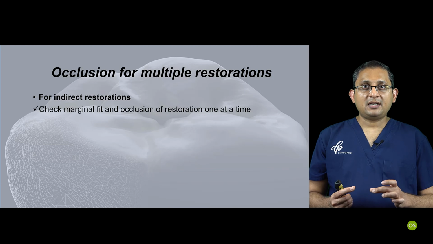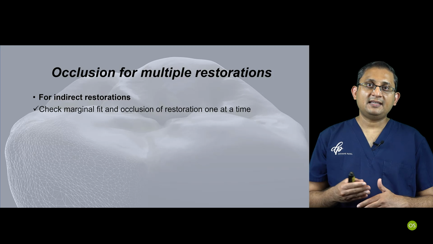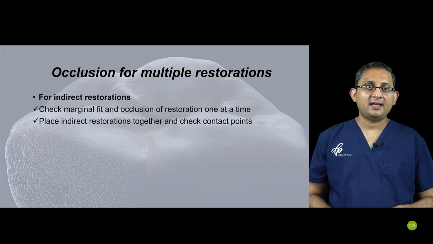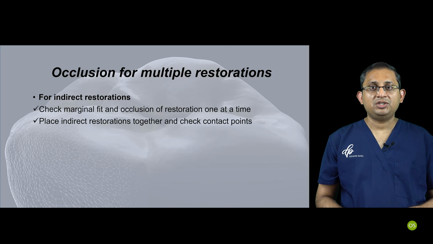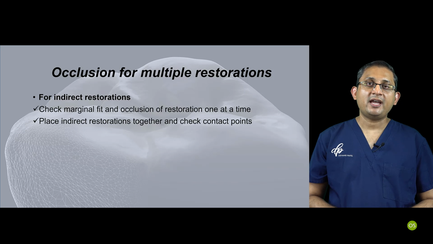But if you have fitted the crown individually, you will be able to see the difference. So try doing that and assessing one crown at a time, and that really helps in checking that. So these are the practical tips I had for you when you're doing direct or indirect restorations, single or multiple, using the conformative approach.